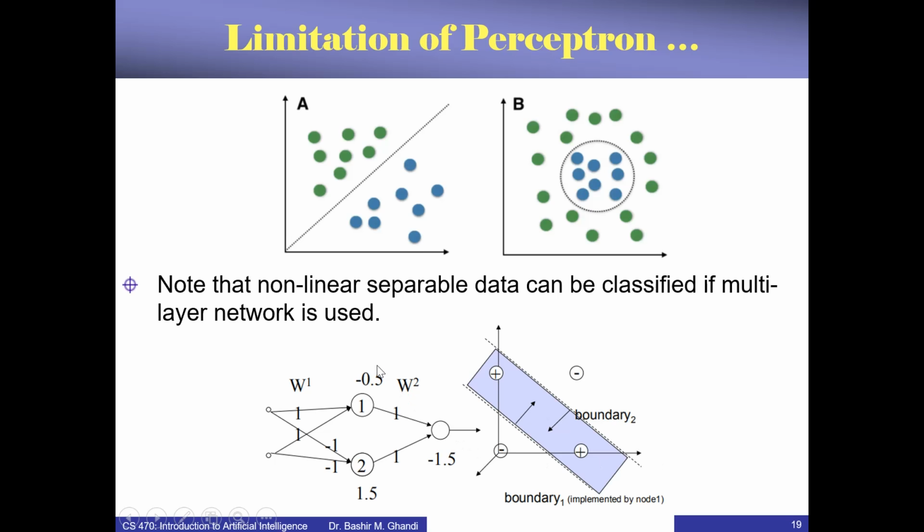Because if we introduce another layer, we will be able to draw another line, another plane, or hyperplane as it is called, that will allow us to separate the data into two groups. Now you can see the positives, or the ones, will be as highlighted here in the shaded rectangle, whereas the negatives are the ones outside. So the hidden layer allows you to introduce more boundaries, and you will be able to separate your outputs into two classes.